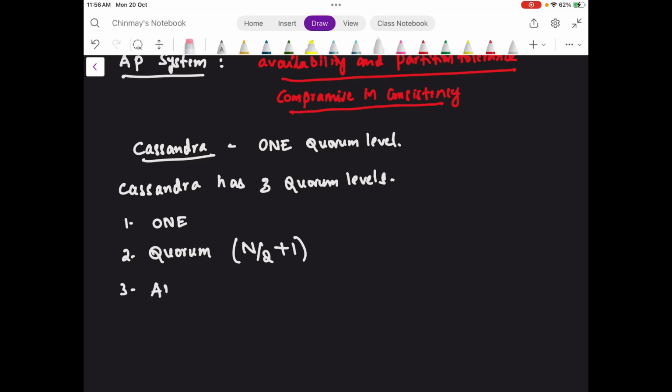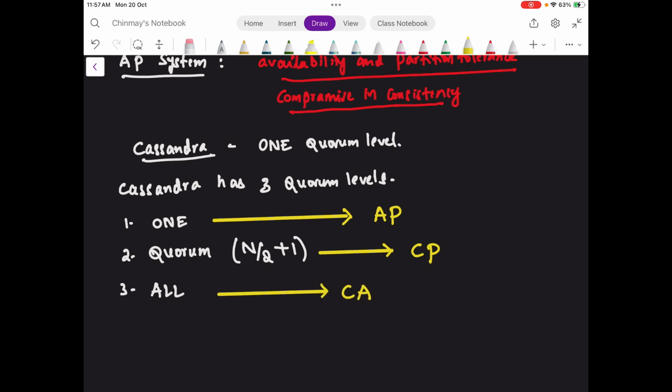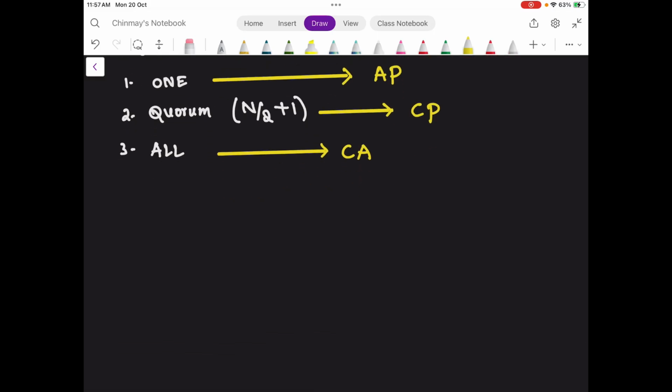The third one is all. If you configure one as the quorum level, it behaves as AP. If you configure quorum, it acts as CP, which we already discussed in the MySQL case. If we configure all, it acts as a CA system.